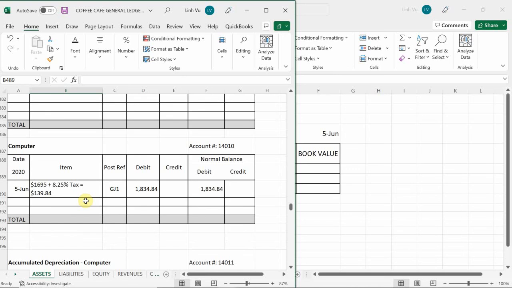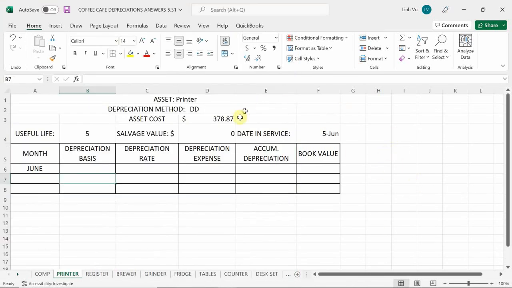Now, when did you place it into service? On the 5th of June. Right. You're going to have to plug it in, set it up, and so on. So 5 years, double declining this time, 0 residual value.